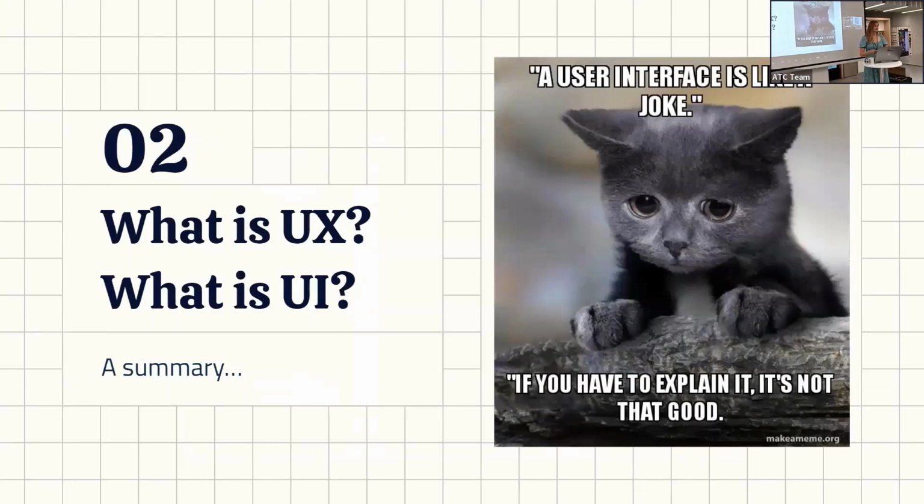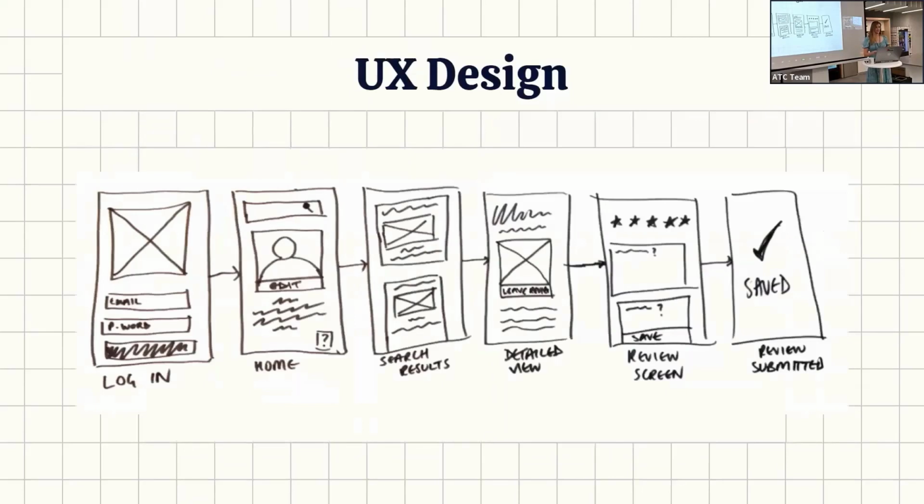So what is UX and what is UI? Let me give you a quick summary of each one. UX design is user-centered. It starts with research, understanding people, understanding the users. It's workshopping different ideas and concepts, and solving user problems.